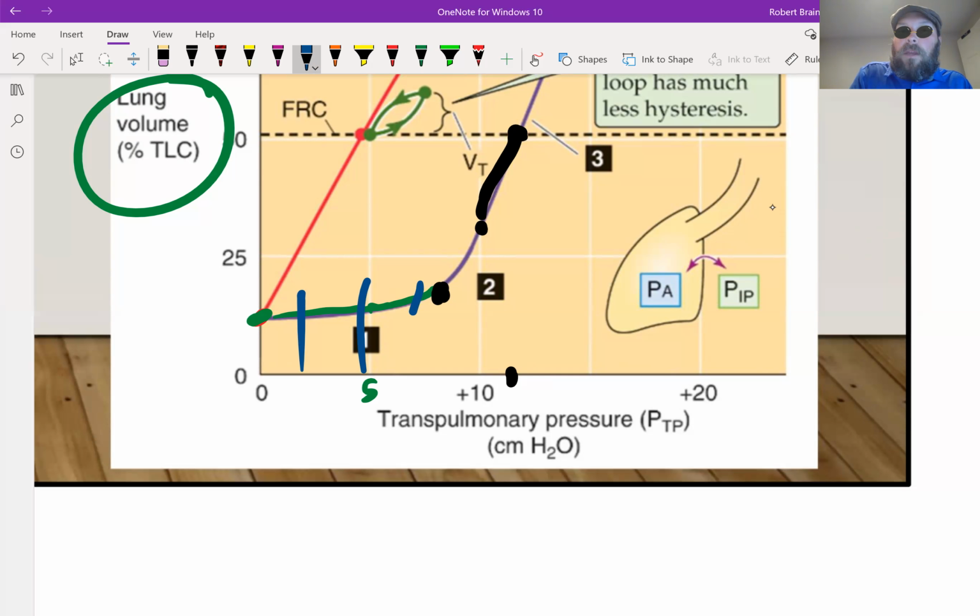And then finally, when we increase pressure from about 7 to 12, boom, that's when we get those volume changes. So even though we were changing the transpulmonary pressure early on from 0 to 7, we didn't see any physical change in lung volume until we got to 7 and upwards.